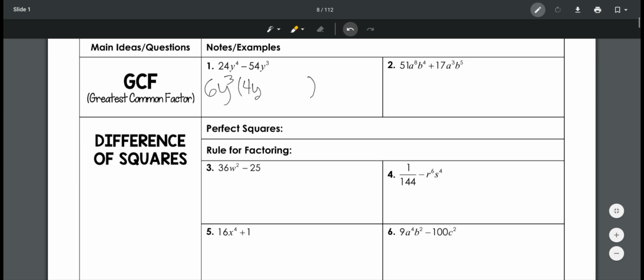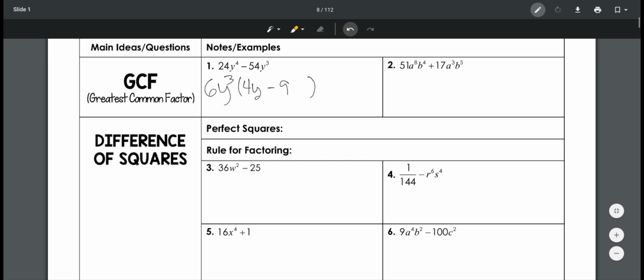I move on to the second term and I do the same thing. Negative 54 divided by 6 is negative 9. And when I look at the variables, 3 minus 3 is 0, so the y cancels out, because y to the 0 power would be a 1, and 1 times 9 would stay 9. Before I state that this is my answer, I make sure that what is in the group has nothing in common.